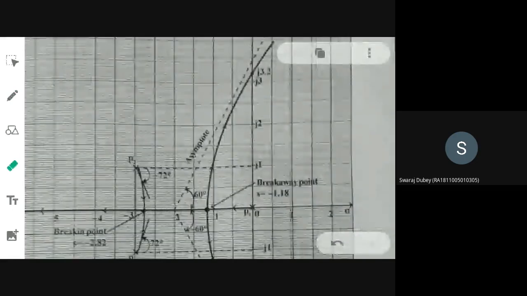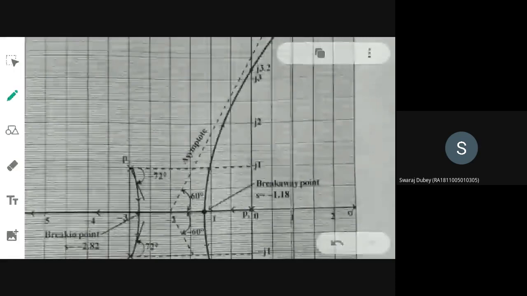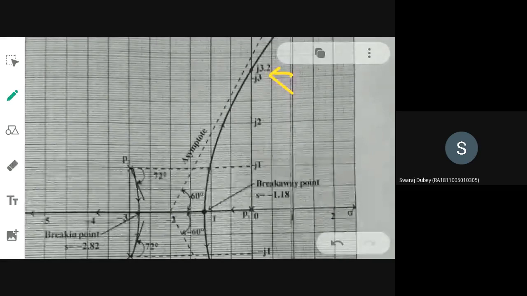What is your crossing point here? This point. You have got the omega value. What is the omega value that you got? 3.2. Are you able to see the 3.2 marking?